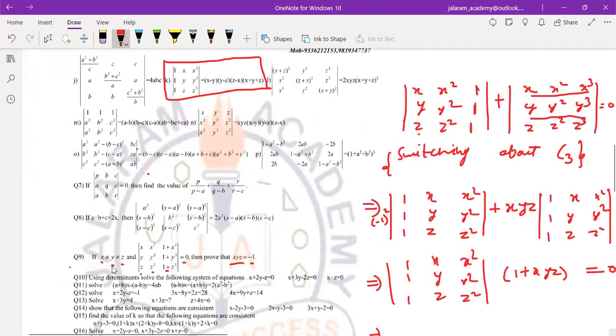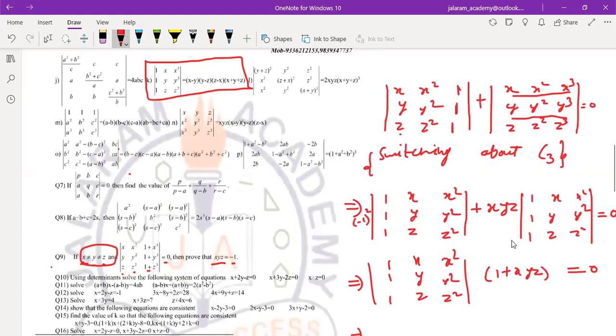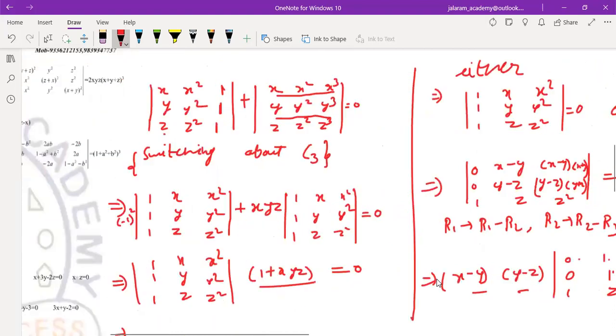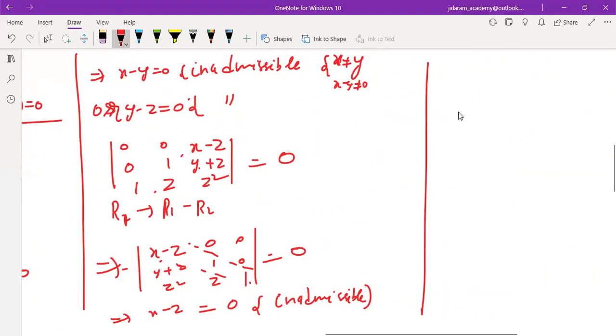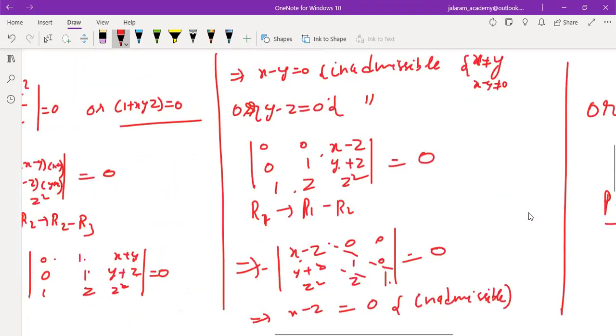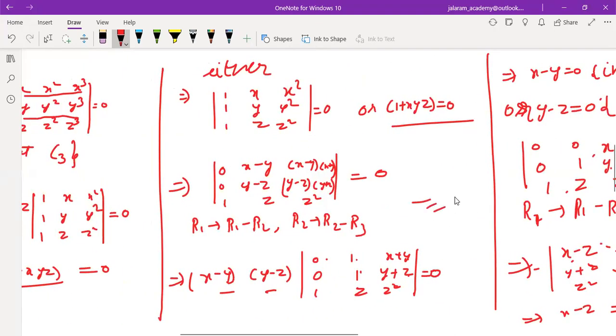Why? x is not equal to y is not equal to z. All three are different. Means only the second factor remains now, which is 1 plus xyz equals to 0, where we have written. So we then write or xyz equals to minus 1. Hence proved. But don't leave it without solving in subjective exams. In objective exams, you can directly write xyz equals to minus 1.